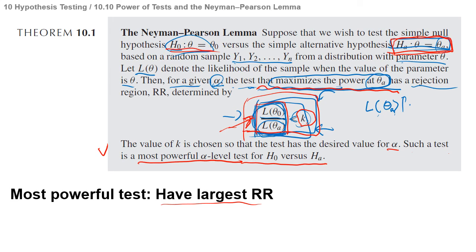We are rooting for the alternative hypothesis, and so we want to reject the null hypothesis and we want to have more power. So if the underlying distribution is theta equals theta 0, the null distribution, we want to have the largest rejection region to reject the null.